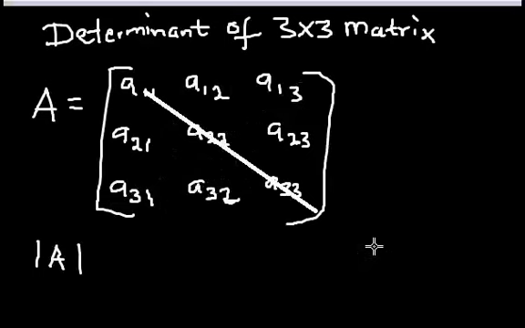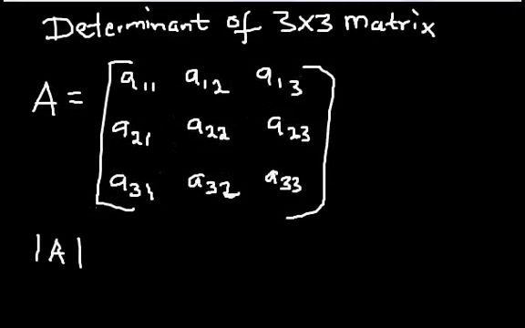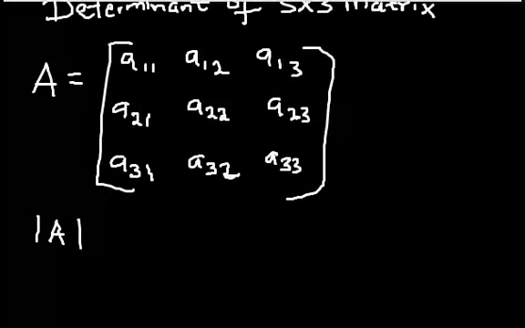So how do I actually resolve the determinant of a 3 by 3 matrix? For me to be able to resolve it, I will split the 3 by 3 matrix into 3 corresponding 2 by 2 matrices. I'm going to take out 3 2 by 2 matrices, each with a scalar product.